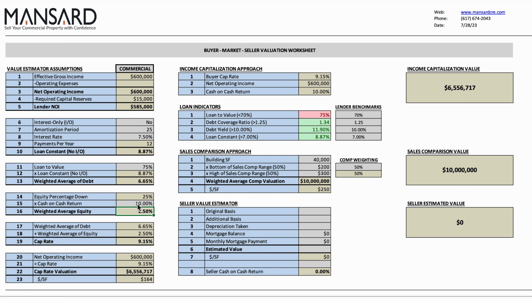So it's very, very important that if you are underwriting and determining what your valuation is, you go through an exercise like this to figure out where the bank's going to finance, as well as where some of the comps are, because as these rates are moving, the comps start to become almost obsolete pretty rapidly.